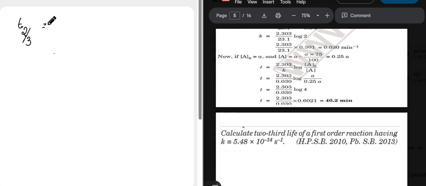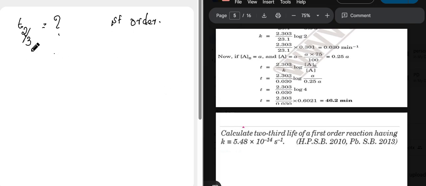Again the reaction is first order. This information is very important to note, because based on this only we have to choose the equation. If it is zero order, the equation is different, right? R0 minus R by T, that's the value for K.